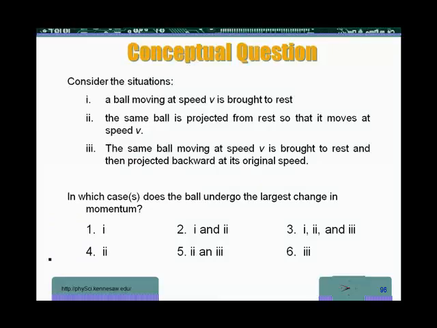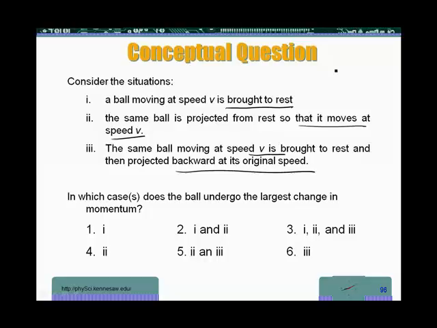Okay, consider the situation. A ball moving at a speed v is brought to rest. The same ball is projected from rest, so it moves at a speed v. The same ball moving at a speed v is brought to rest and then projected backward at its original speed.